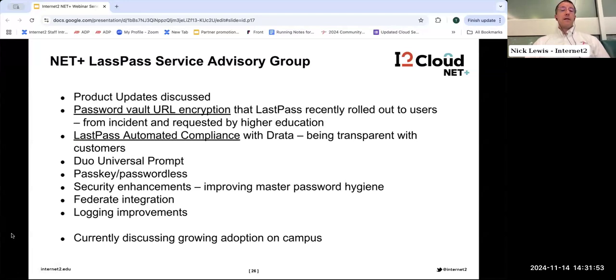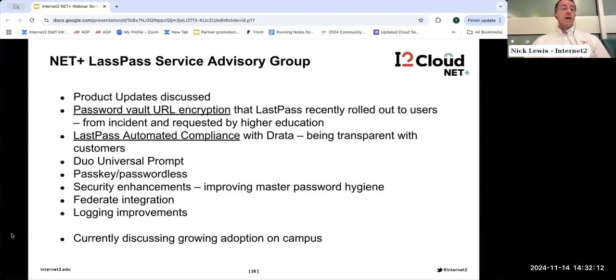And so LastPass, as part of their commitment to improvement, has rolled that out recently to users, so that the URLs are encrypted in your password vaults. Then LastPass rolled out automated compliance with Strata so that they could be transparent with customers and share information about their security posture and reports and things like that.